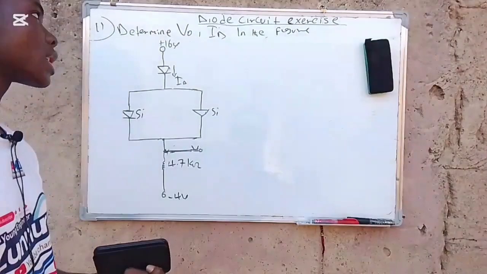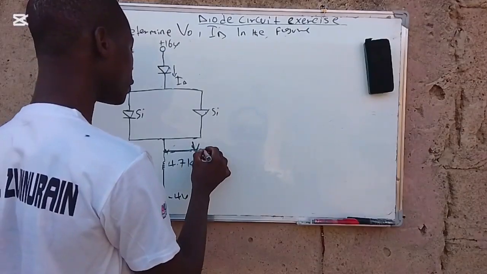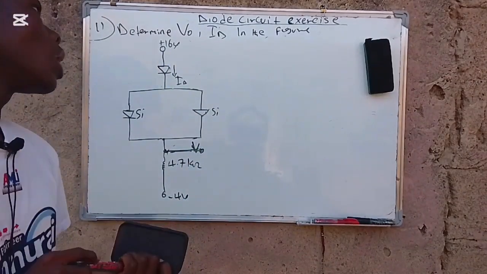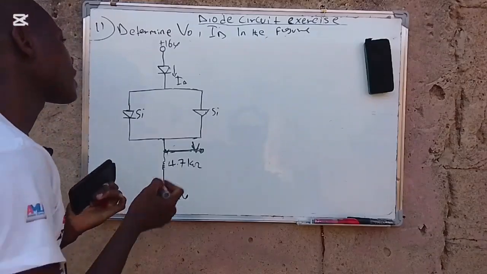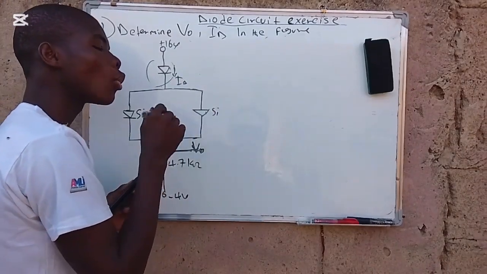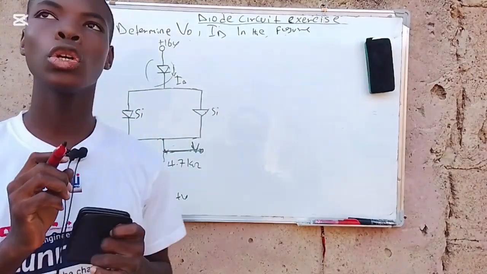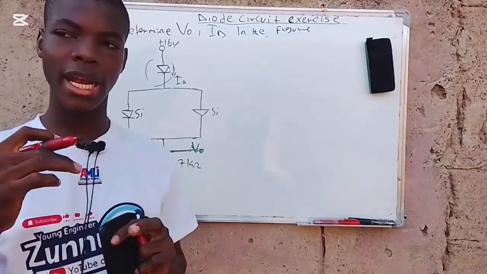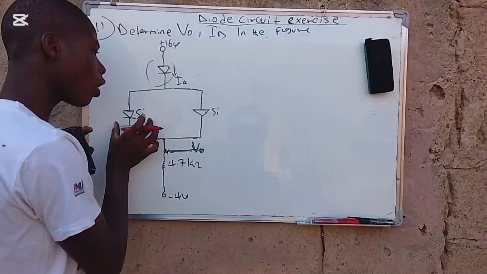Question 11. We are to determine the V naught and ID in this figure below. So the next thing that we are going to do is first identify whether this diode is on or off. In the last video we talked about when two diodes, gallium arsenide and silicon, are in the same direction.